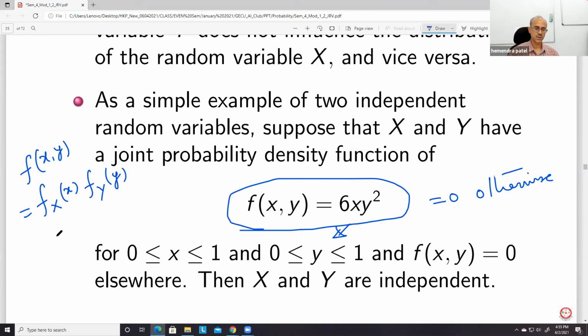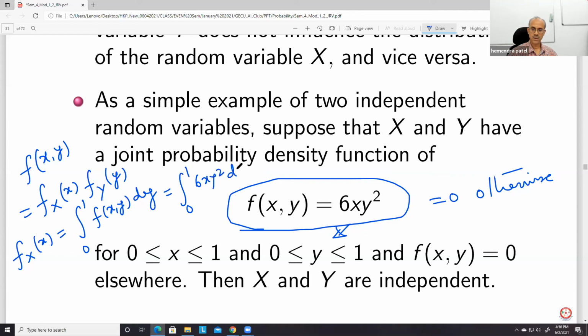And this is very simple. You can just see. This f_X(x) is equal to the integral of f(x,y). We must integrate with respect to y, and the limit of y is 0 to 1. So 0 to 1, 6xy squared dy.